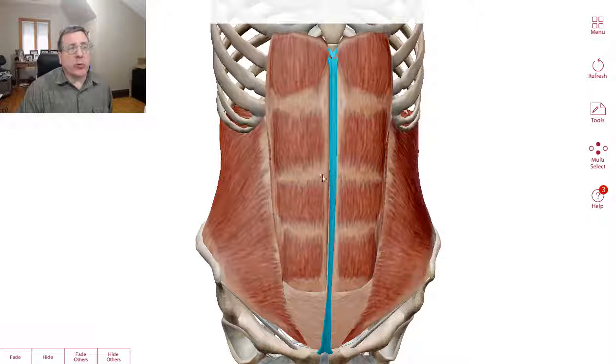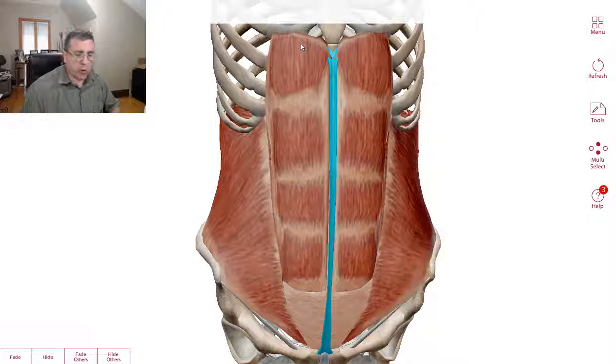When this muscle contracts, you can see the fibers go superior, inferior in orientation, so it's going to be pulling forward. Now look three-dimensionally on your body.